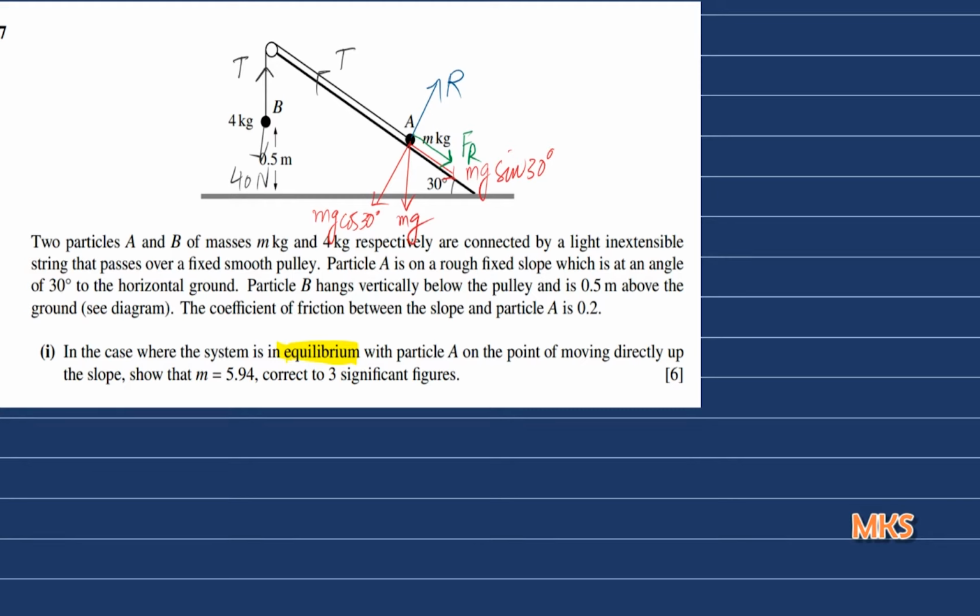So since the particle is in equilibrium, the forces on A: T minus mg sin 30 plus mu R, which is mu mg cos 30, will be equal to zero. And that gives T minus 40, because the body is in equilibrium.